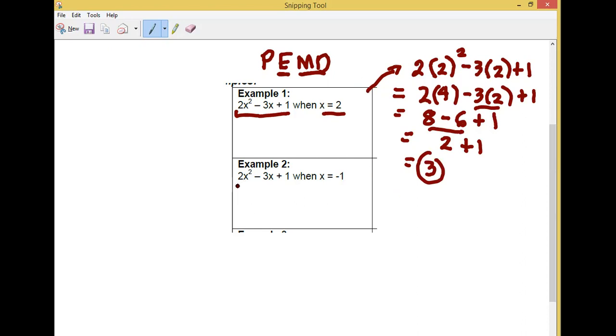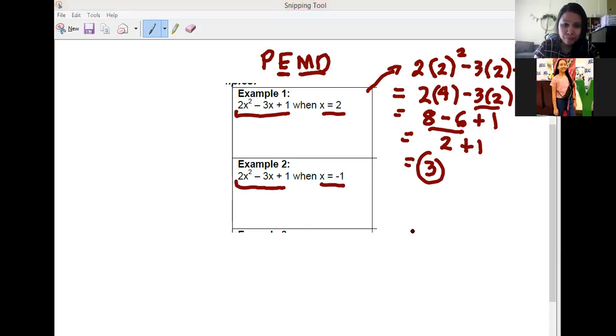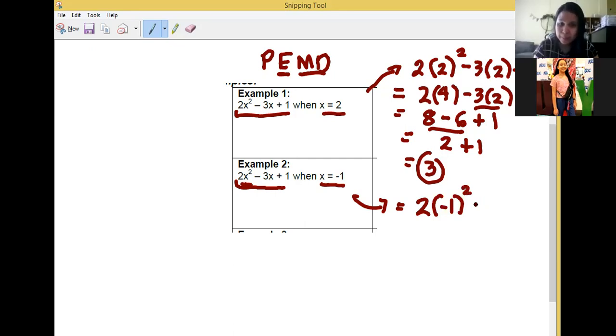Let's solve for this expression when x is equal to -1. Now let's start. This is going to be 2x squared, where x is -1 squared, minus 3 times -1 plus 1.